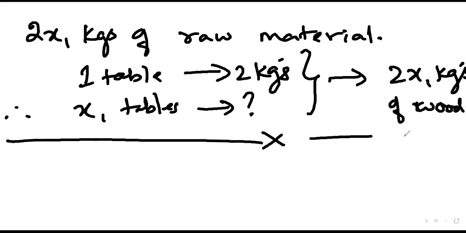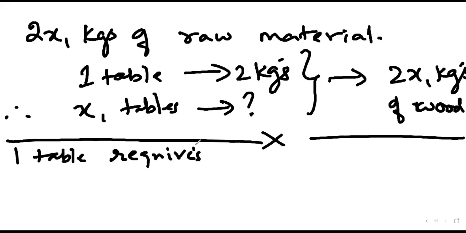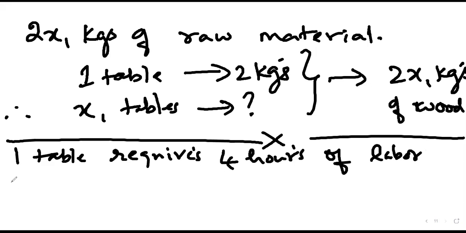So similarly, one table requires 4 hours of labor. So what should be the total number of hours for x1 number of tables?